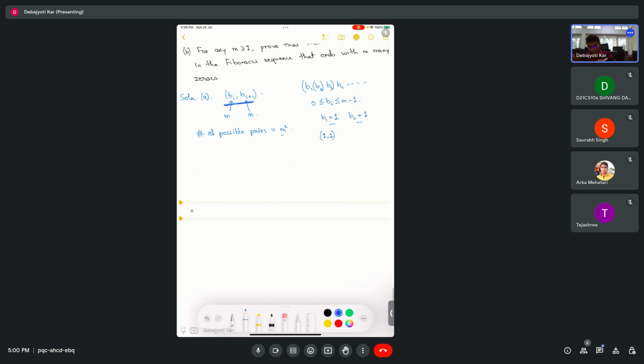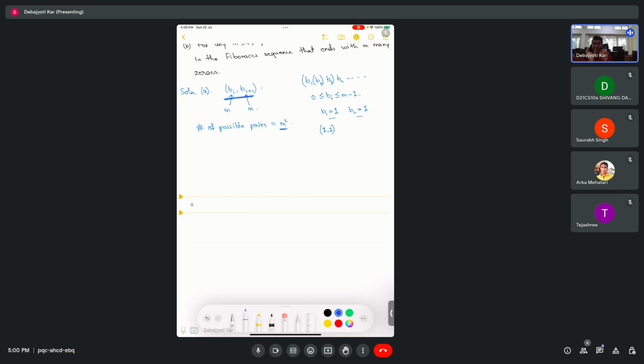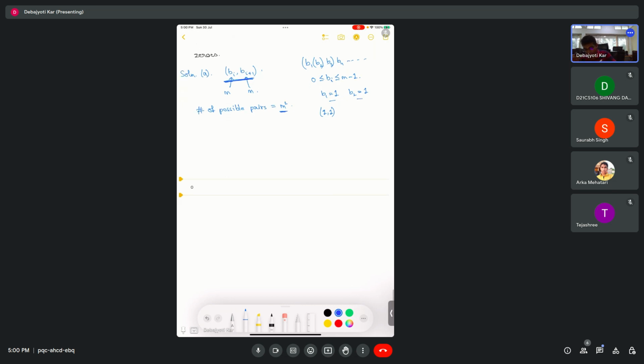Okay, so now the thing is that since the number of possible pairs is finite, after a point of time there has to be a repetition. So consider the first time when there is a repetition. So we have b1, b2, b3, b4, and so on. Let's say the first repetition is that b4, b5 repeats with something like b16, b17.